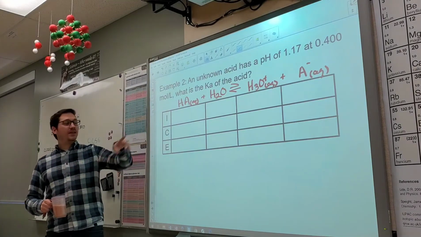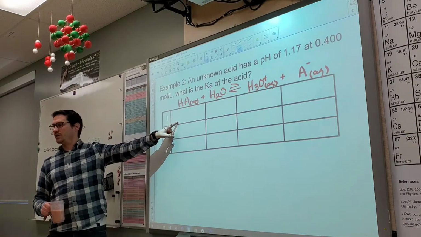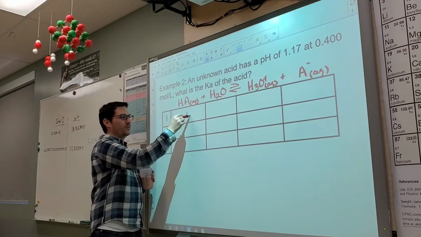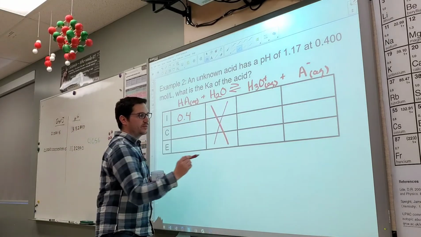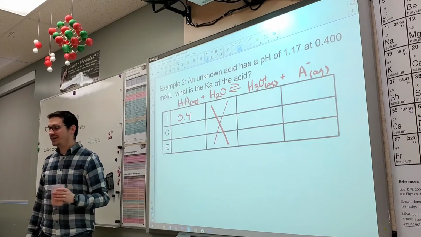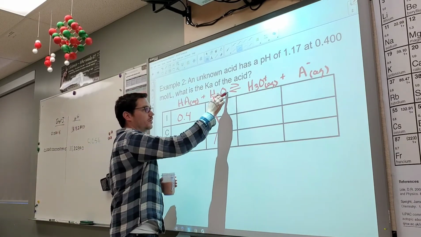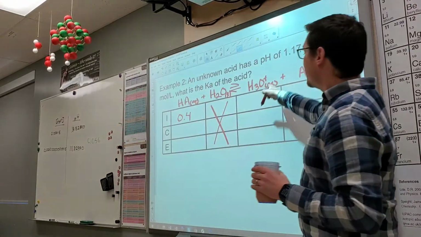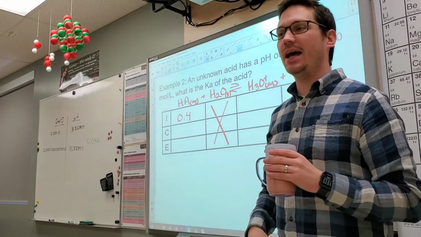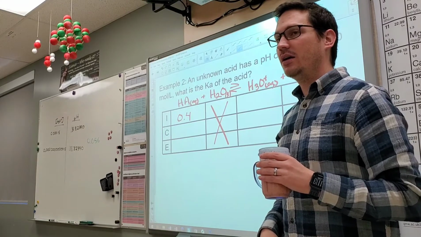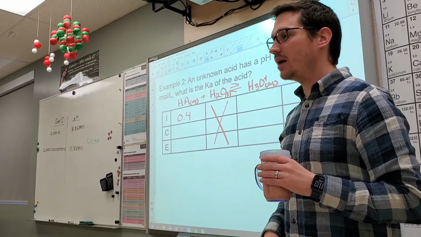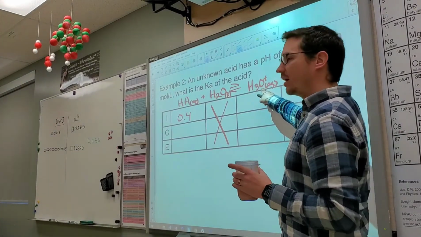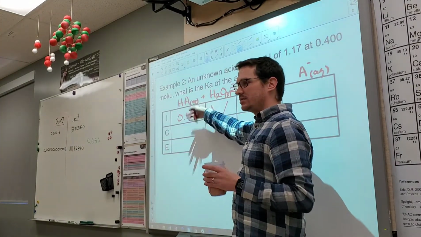Do you know what the initial acid concentration was? Yeah, 0.4. Nobody cares about water because it's a liquid in a heterogeneous reaction. Do you know how much hydronium we initially had? Absolutely, you do. How much hydronium was in there before we added the acid? Zero.